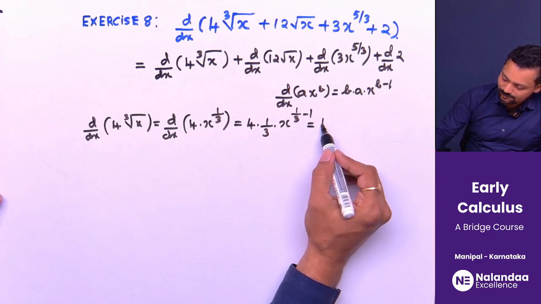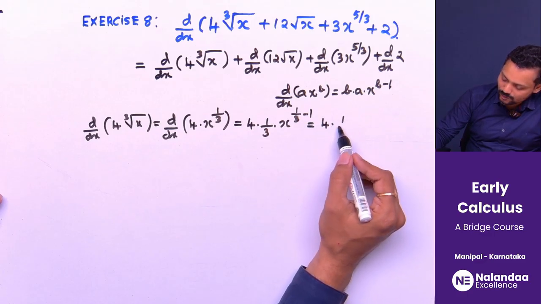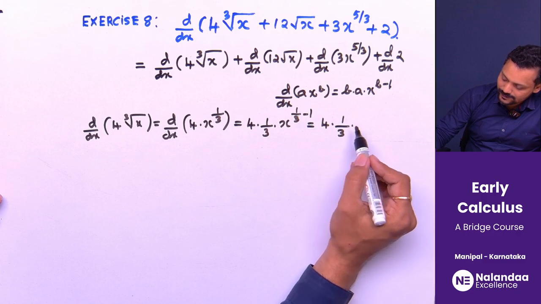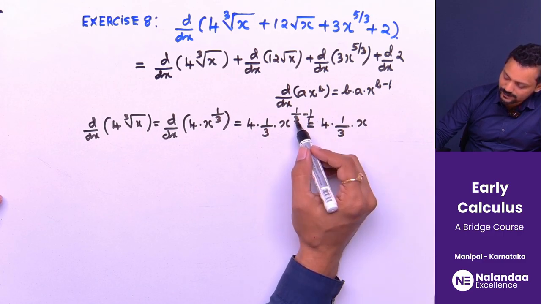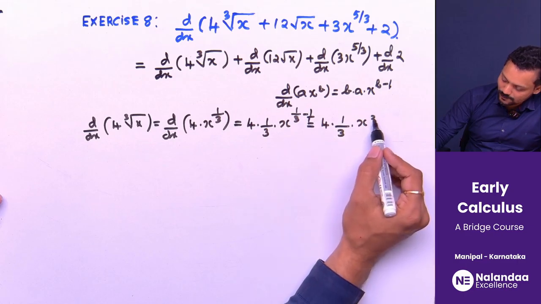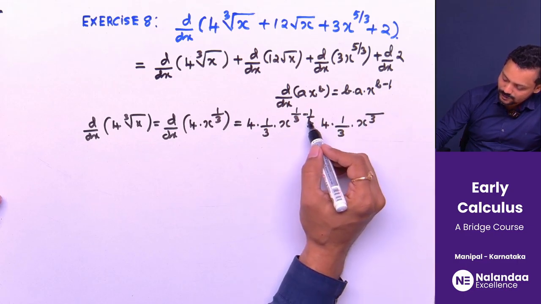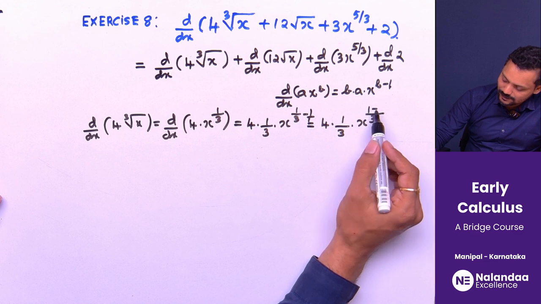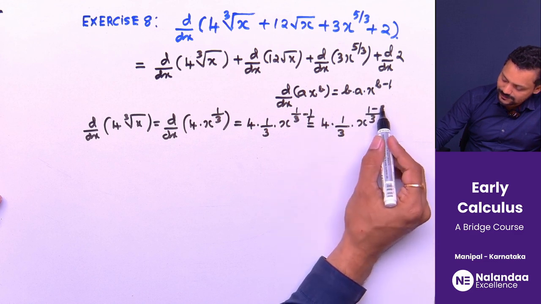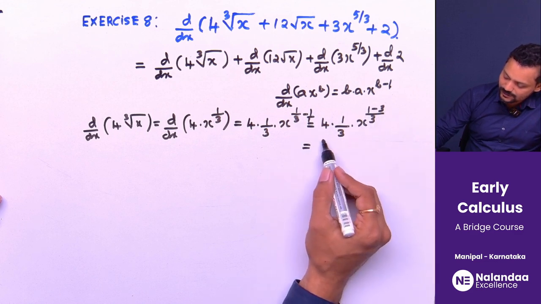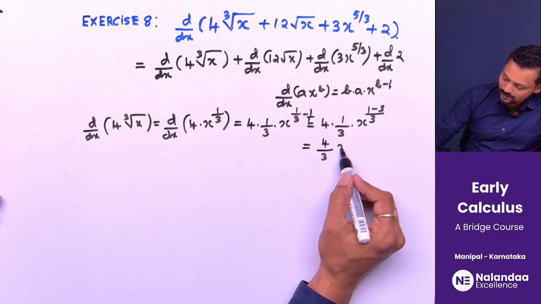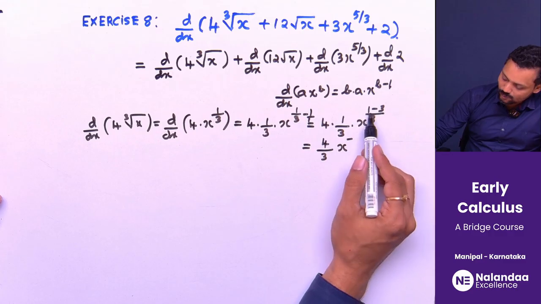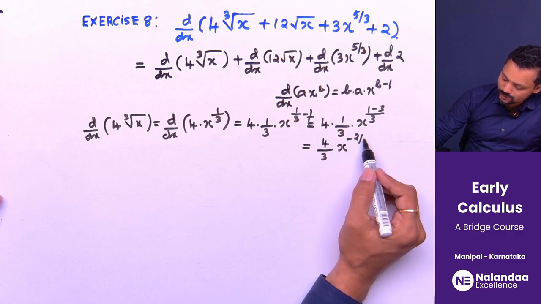So this is 4 into 1 by 3 into x power. If you take the common denominator here, 3 and 1, the common denominator is 3. So 1 into 1 is 1, 3 into 1 is 3. Therefore this will come out as 4 by 3 into x power minus 2 by 3.